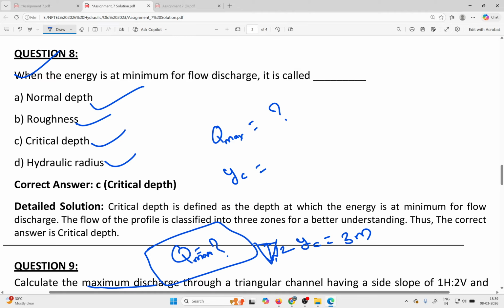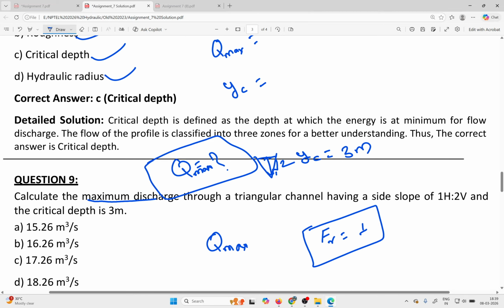Now, here is a question: calculate the maximum discharge through a triangular channel having the side slope 1 horizontal to 2 vertical, and the critical depth is given as 0.3 meter. So at critical depth your energy is minimum and your discharge will be the maximum.